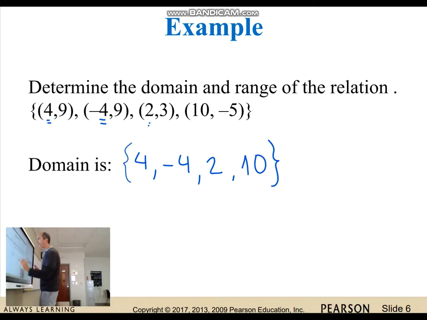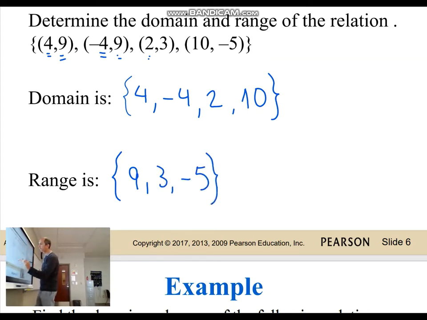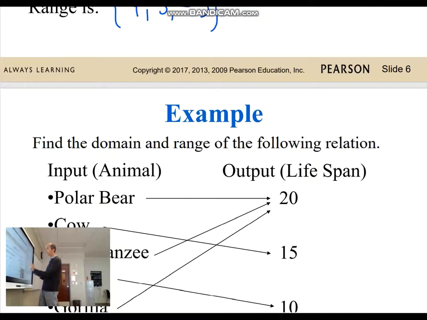So all these x coordinates are part of the domain, and the range is the y coordinates. We can write down 9, and we don't need to repeat, right? 9, 9, and 3. And -5.